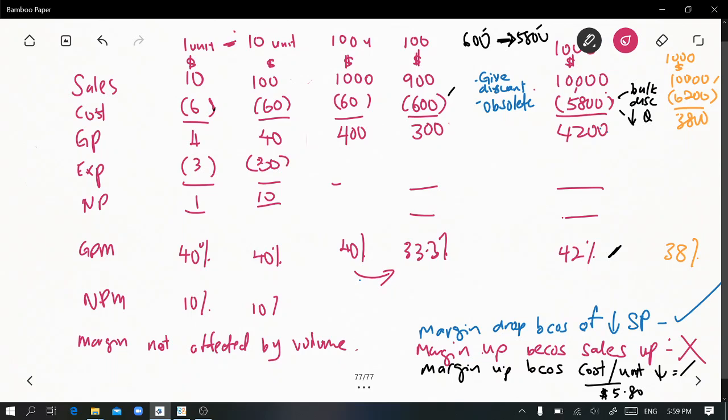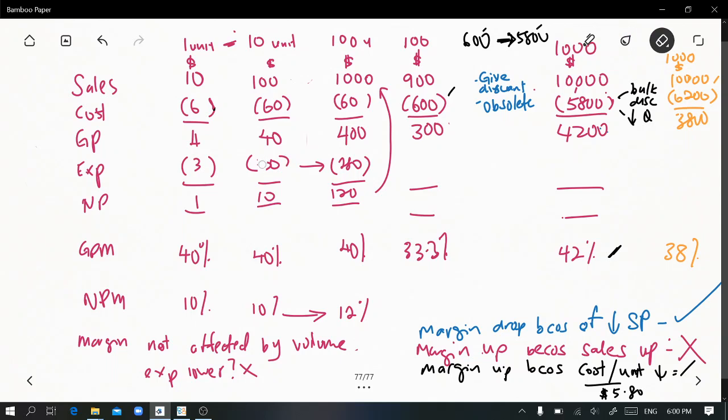Alright. So 120 divided by 1,000, it will be 12%. Why is my margin up? Okay, I make more profit now. Is it because expenses are lower? No, expenses are higher.